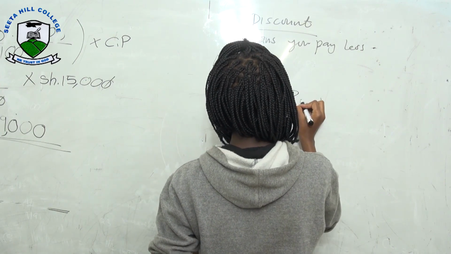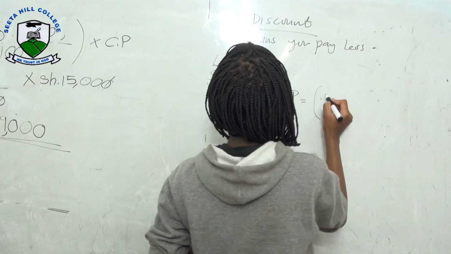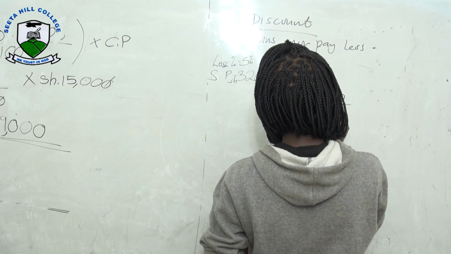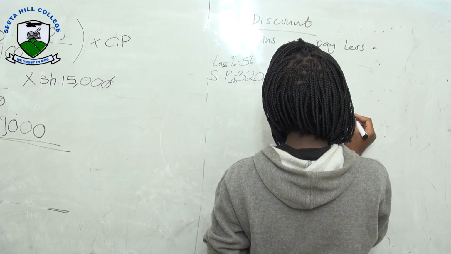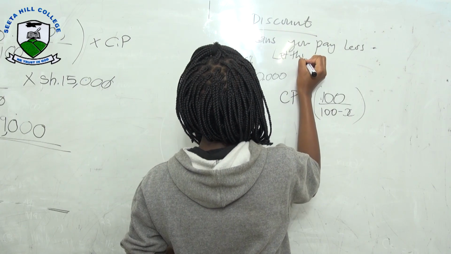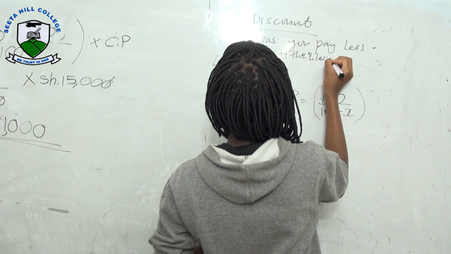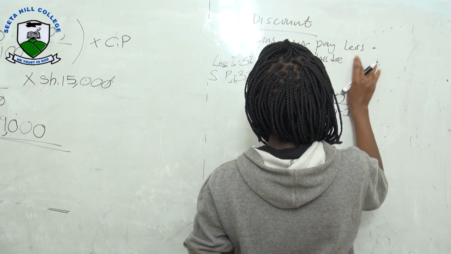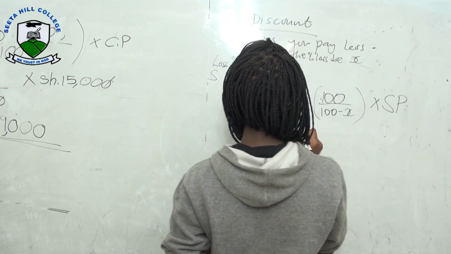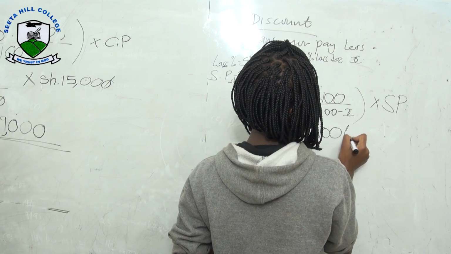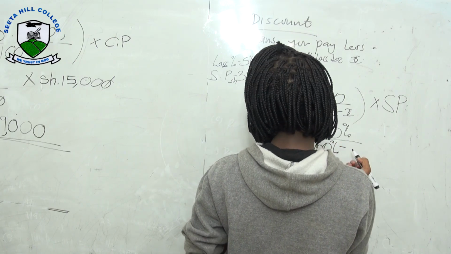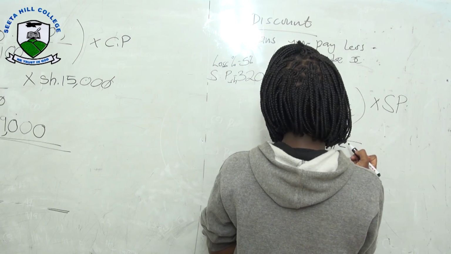Cost price is equal to this percentage loss, which is x.